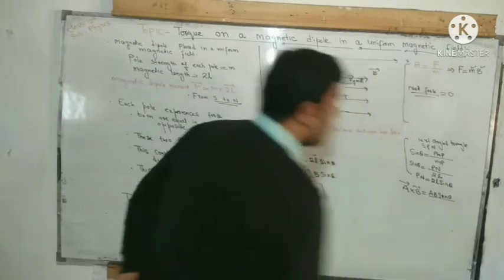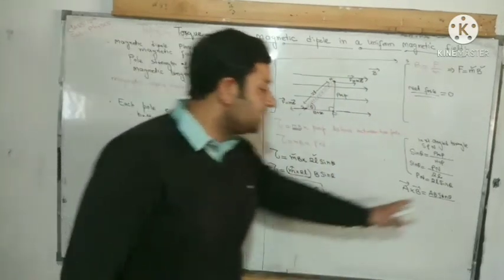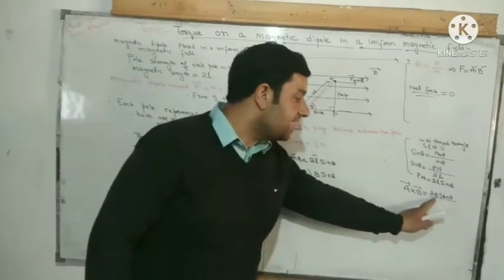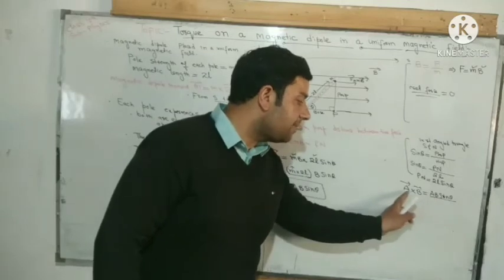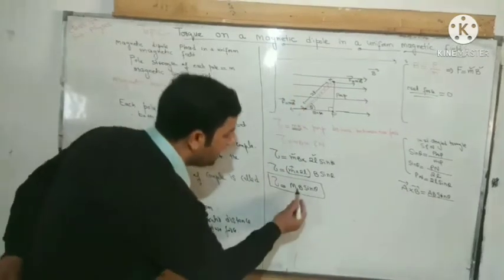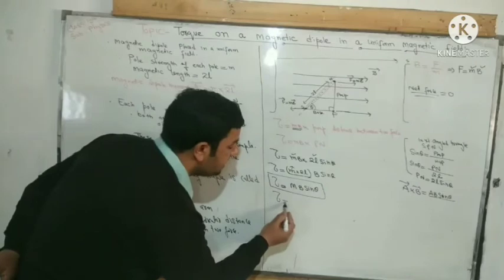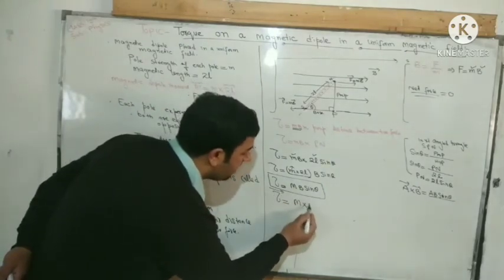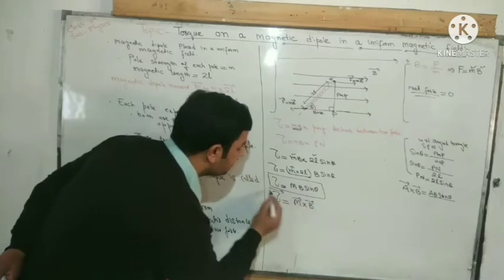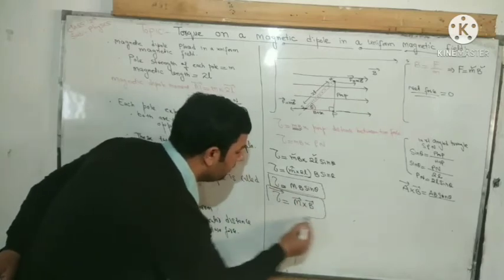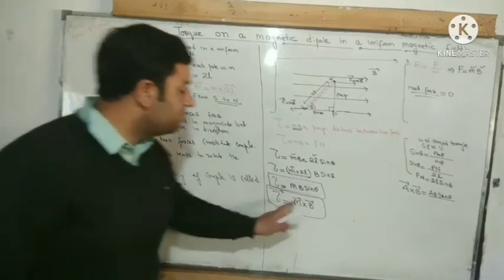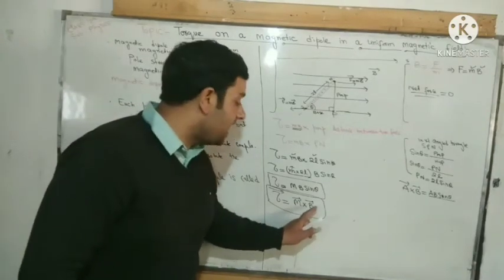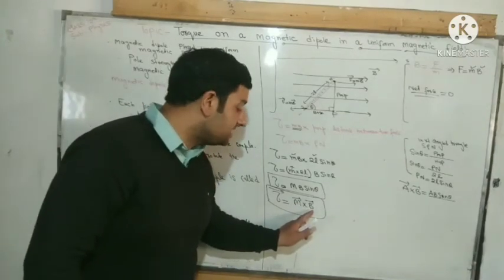Similarly, here it is MB sin theta. Then in vector form, tau is equal to M cross B. That means torque is equal to the cross product of magnetic moment and magnetic field.